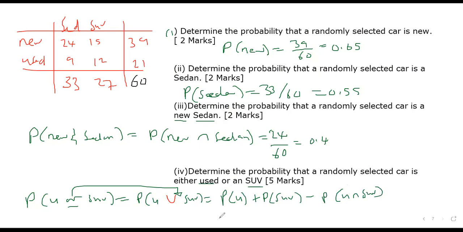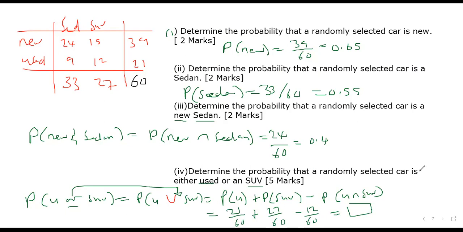So the probability of used is 21 over 60, plus SUV 27 over 60, minus the intersection, where they meet, used and SUV, 12 over 60. And you get your answer there.